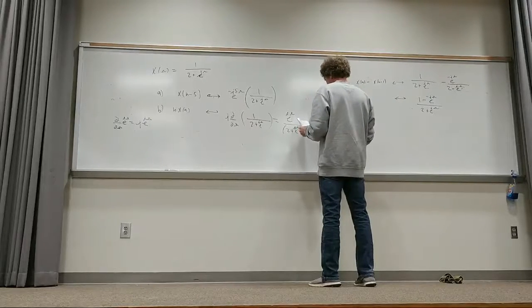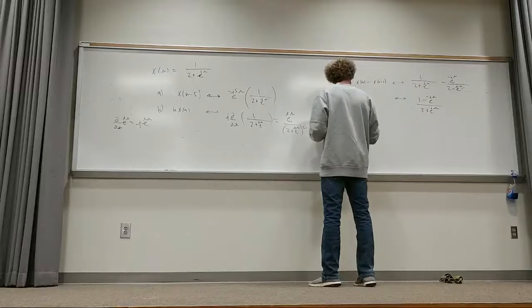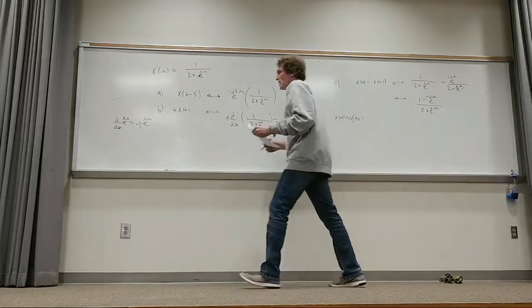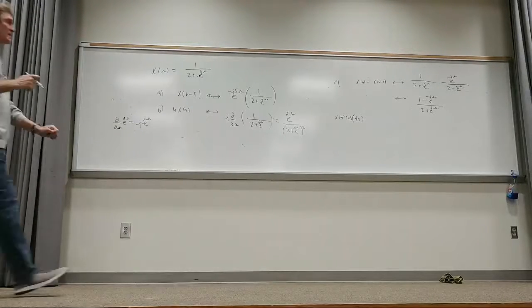Finally, I said x of n times cosine of 4n. And for this one, the only thing you have to do is the cosine property. But now, you remember you're in the DTFT, you're not in the Z domain.